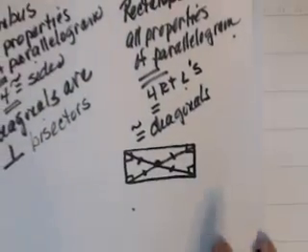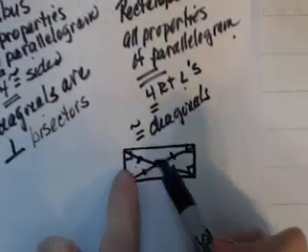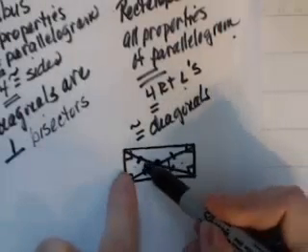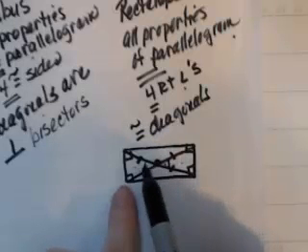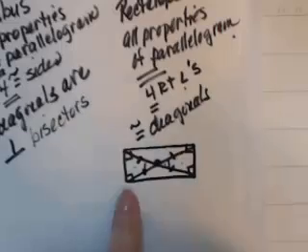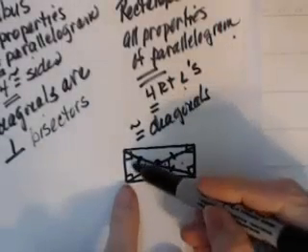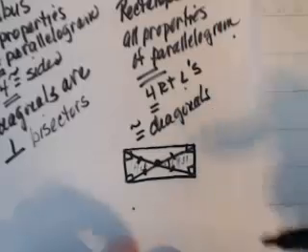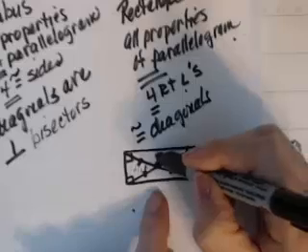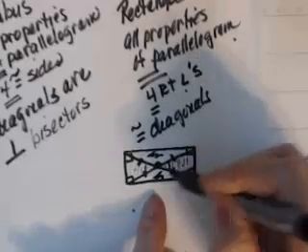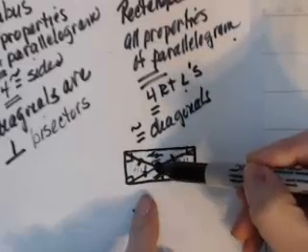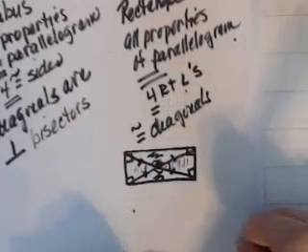So that allows me to prove that these two triangles are congruent because these are vertical angles, and vertical angles are congruent to each other. So I have a side angle side correspondence showing these two triangles to be congruent. The same for these two, side angle side, because of vertical angles being congruent.